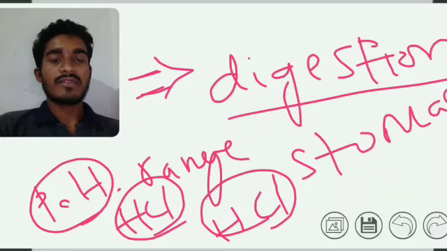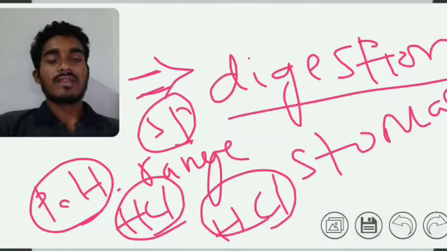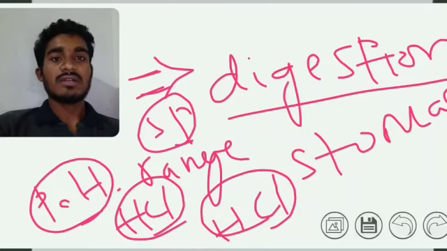For example, if we take food and immediately take water, HCl will not work. When we wait 1 minute, 15 minutes or 30 minutes, then HCl is useful for digestion of food.